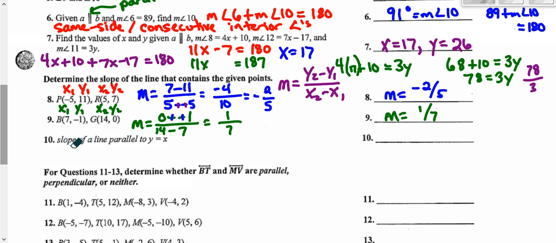Now here it says a slope of a line parallel to y equals x. Now remember that y equals mx plus b is slope-intercept form. So if I added some numbers in here to the y equals x, this would be y equals 1x plus 0, because 1 is the coefficient of x. You don't need it because it's the number that's going to keep that exactly the same.